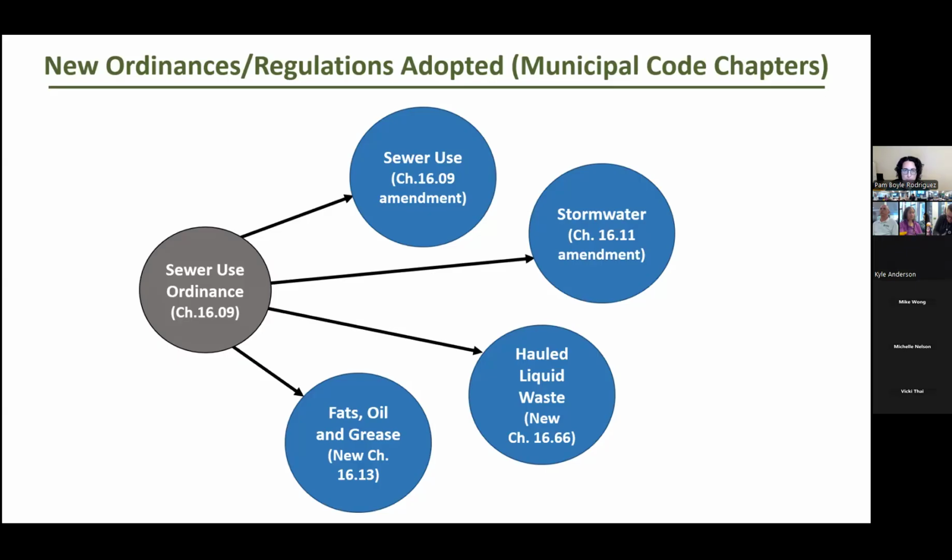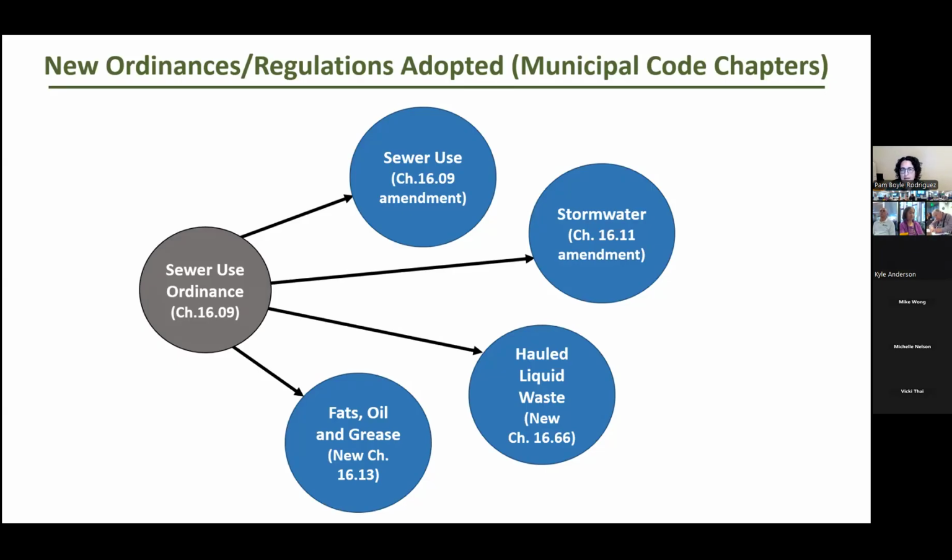Septic hauling, pretreatment, stormwater, and fats, oil, and grease in regards to restaurants, all that has been under this one umbrella in chapter 1609 in the Palo Alto Municipal Code. We worked pretty heavily for about 1.5 years to divide them into 4 chapters.